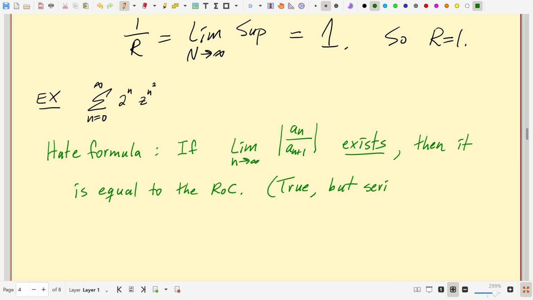And very often that limit doesn't exist. Series with lots of zero terms ruin the formula.